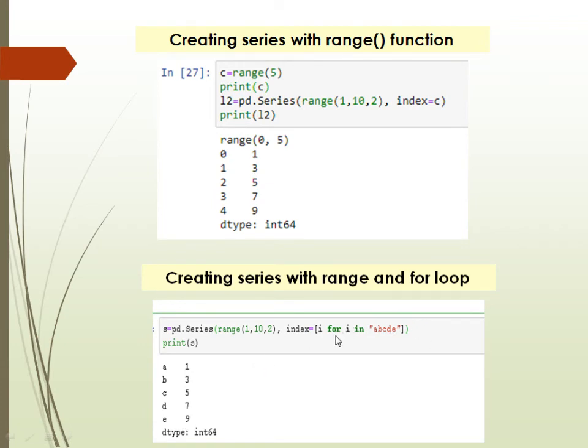I have used a for loop: for i in A, B, C, D, E. So I take A the first time, B the second time, C the third time, D the fourth time, and E the fifth time, and put them as index values. So you have to use this type of syntax. Clear?